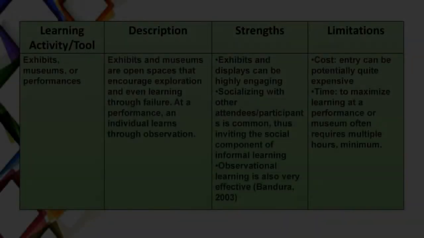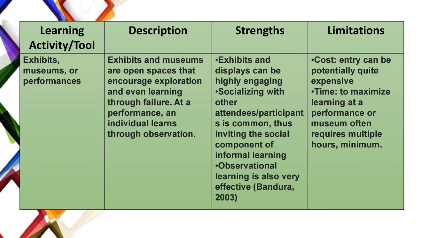The last activity is exhibits, museums, and or performances. The description: exhibits and museums are open spaces that encourage exploration and even learning through failure. At a performance, an individual learns through observation.